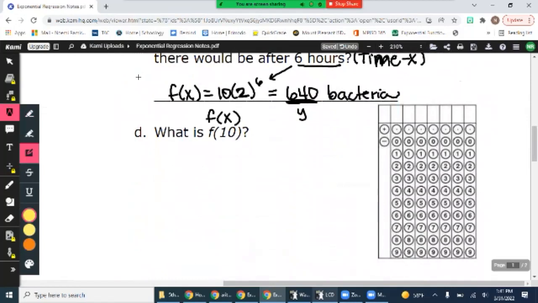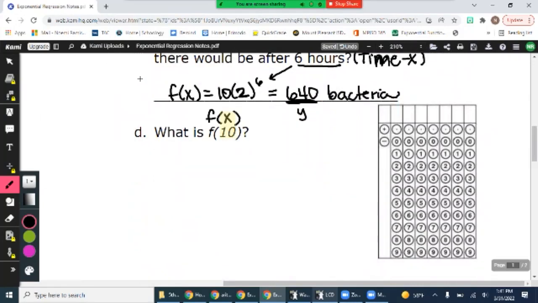Now, you should be able to tell that the number 10 is in the same spot as the variable x. So here we are given the x value. The 10 is my x value. We're looking for the y value.